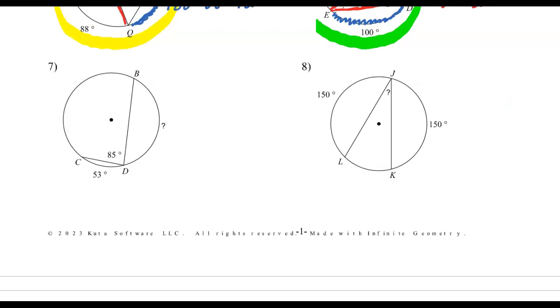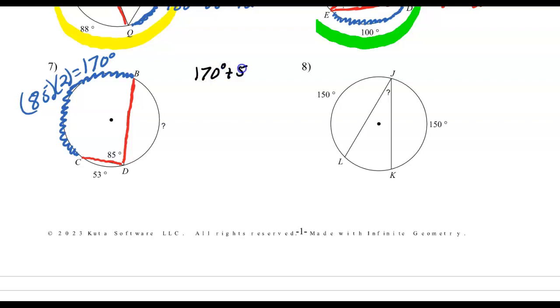For problem number 7, again, I'm going to trace the angle that I know. That's 85 degrees. So this blue arc is 85 times 2, or 170 degrees. We know a full circle is 360 degrees.